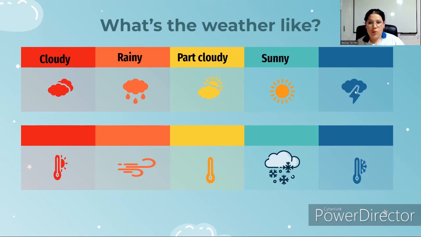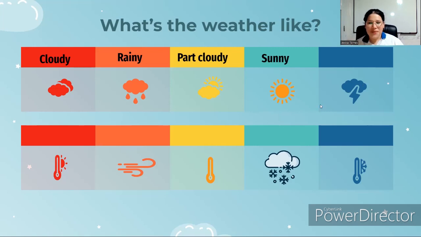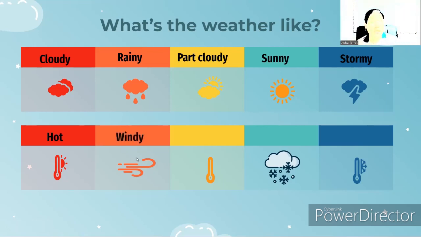Good. Okay, so here we have lightning. Yes, like Lightning McQueen, a very famous character from a Pixar movie, Cars. Good. So it's stormy, stormy, right? Okay, this one here is related to temperature. So it is hot, hot, good. So here this represents the wind. So it is windy, windy.